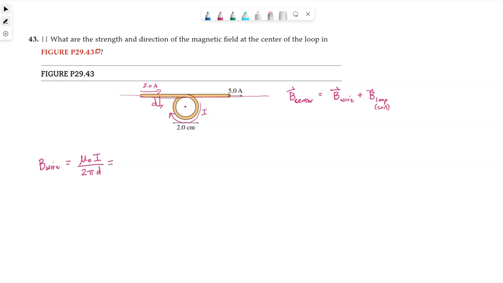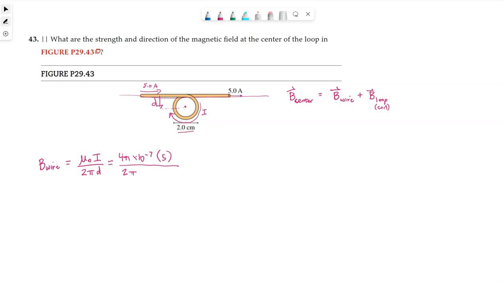So mu naught is our constant, which again, I remember the exact value, so that's the one I'm plugging in. I, the picture shows us, is 5 amps. D is the distance from the straight portion down to the middle.